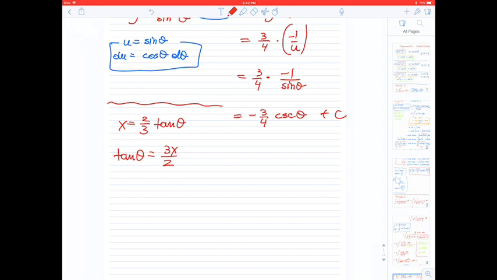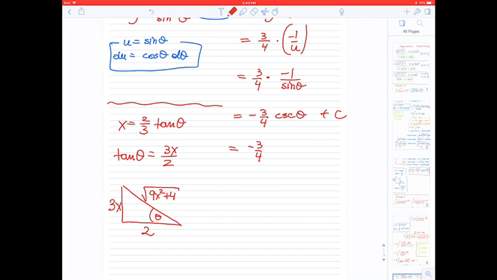And I need cosecant. I will build my triangle. Theta, tangent is opposite over adjacent. If this is 3x, this is 2, the hypotenuse will be the square root of 9x squared plus 4, because of the Pythagorean theorem. Okay, and I need negative 3/4. Cosecant is just the reciprocal of sine.